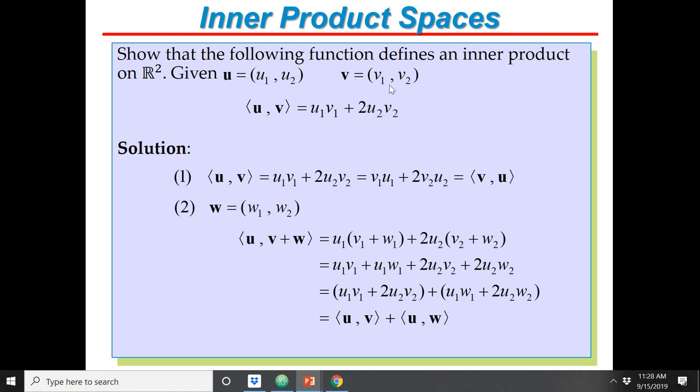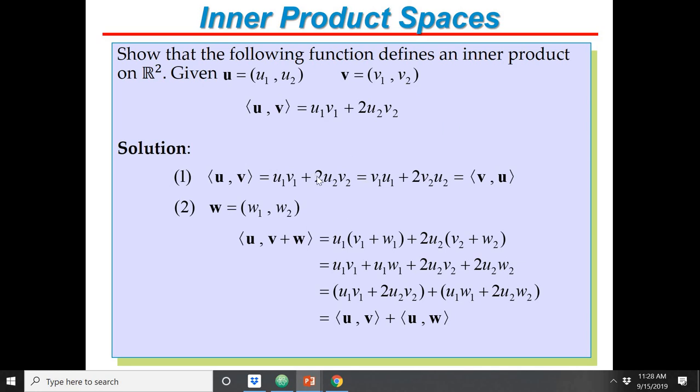So as I said, you can find different types of inner products that all satisfy the required properties, and so they're acceptable inner product definitions. So if I have two vectors in R2, out of craziness, I can define an inner product that rather than being u1 v1 plus u2 v2, I say u1 v1 plus 2 times u2 v2.